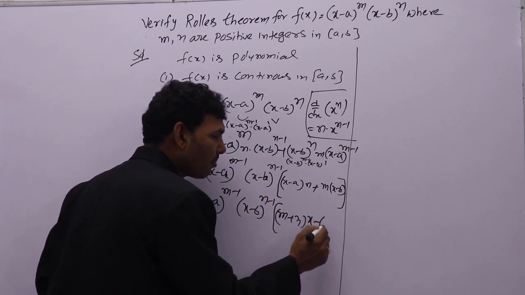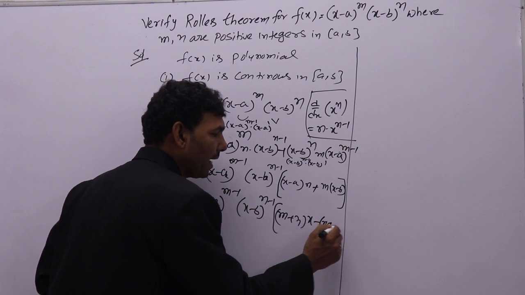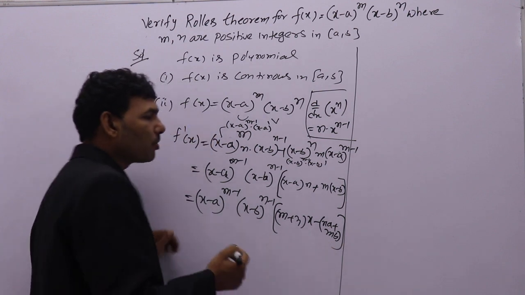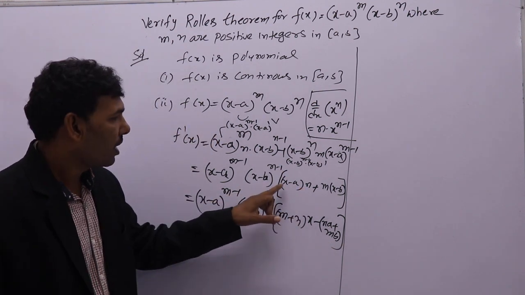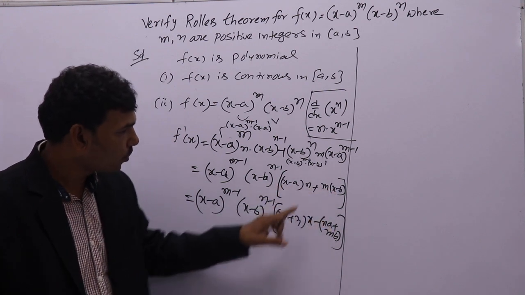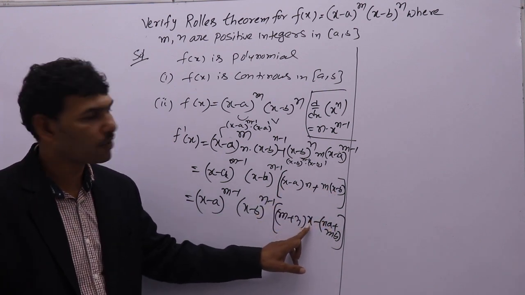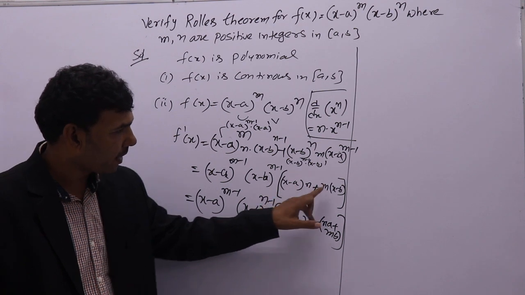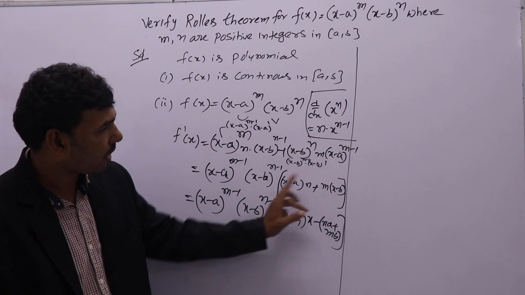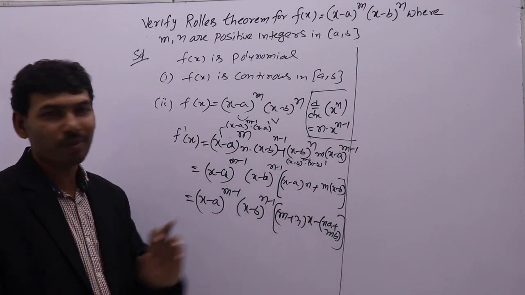So take minus common, na plus mb will be there. Simply multiply, nothing: n into x, m into x. From those two terms I took x common, (m plus n) into x. n into a, m into b, from those two terms I took minus common.